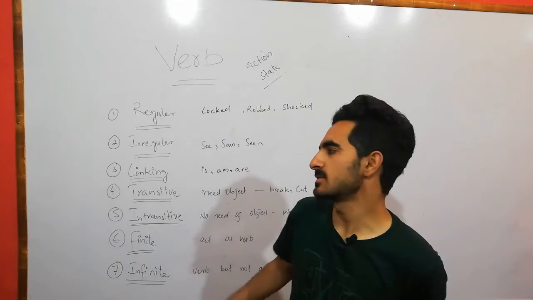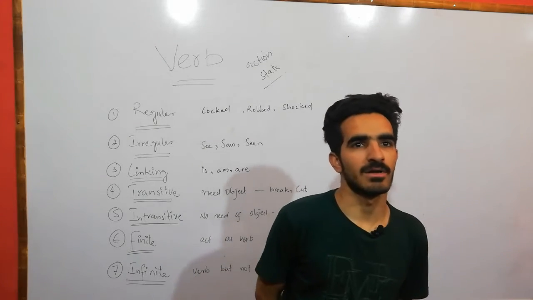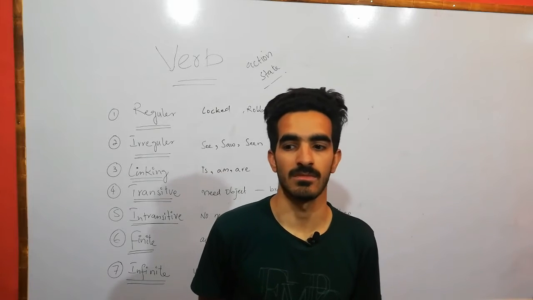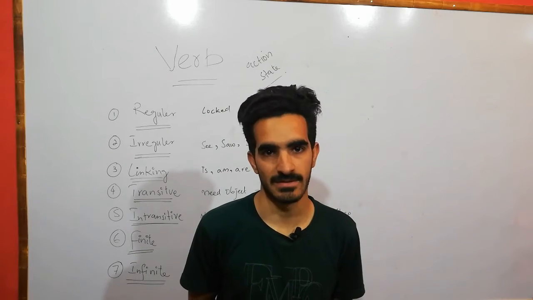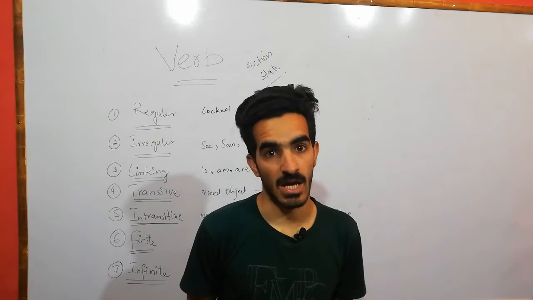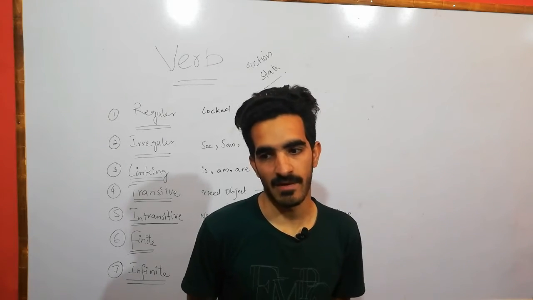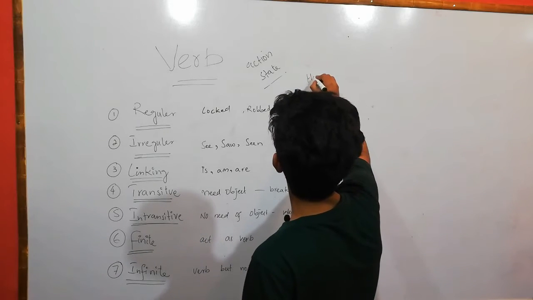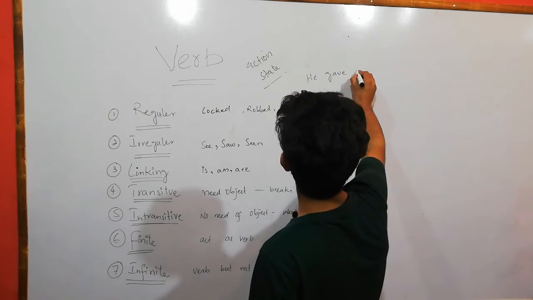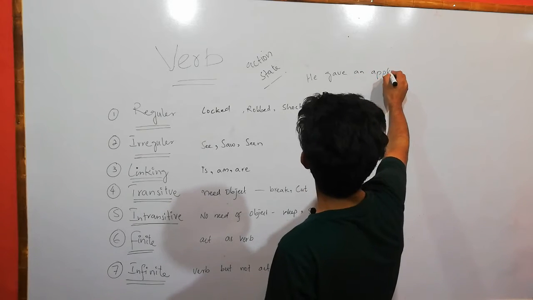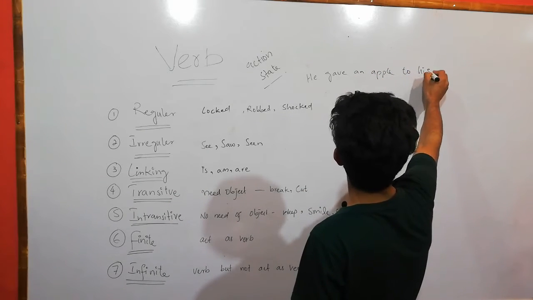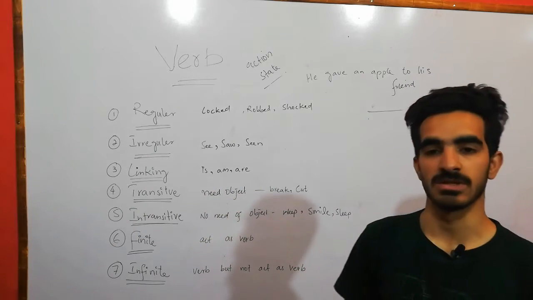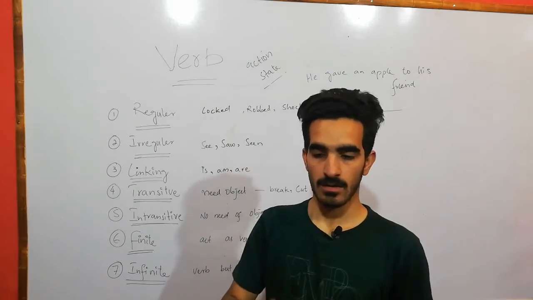I forgot to write another kind, which is not so necessary, but ditransitive, a sentence which has two objects, right? For example, I will write here, he gave an apple to his friend. Here are two objects.